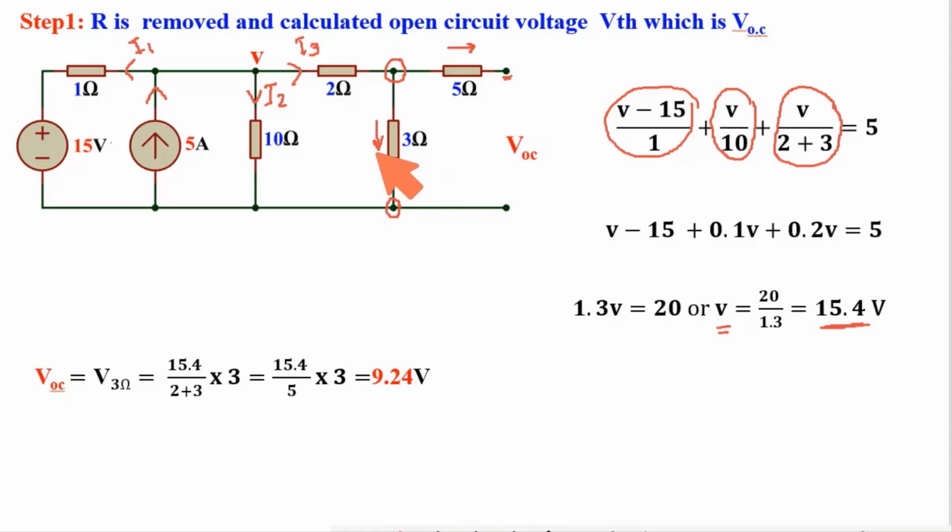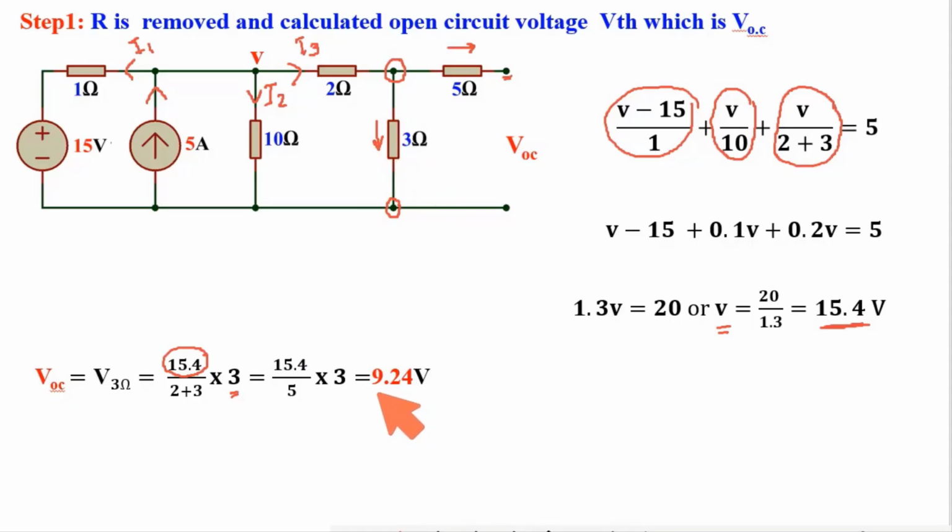So what is current through this 3 ohm? So current through this 3 ohm is value of this V divided by 2 plus 3. So value of V is 15.4 divided by 2 plus 3. This is the current flowing through this 3 ohm, that multiplied by this 3 is the potential across this 3 ohm.